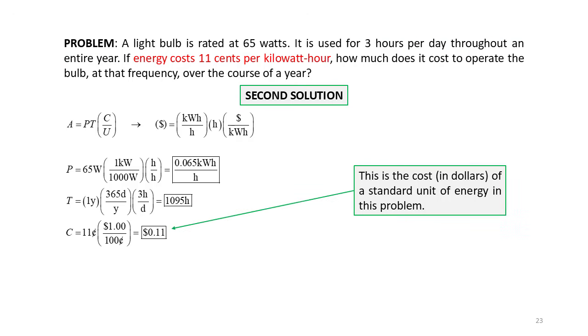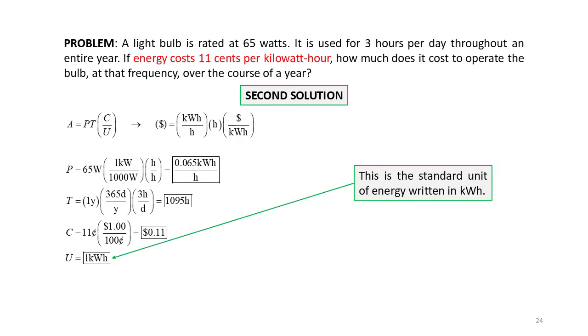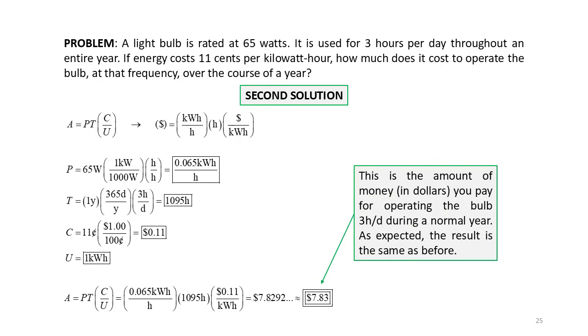This is the cost in dollars of a standard unit of energy in this problem. This is the standard unit of energy written in kilowatt hour. Finally, this is the amount of money in dollars you pay for operating the bulb 3 hours per day during a normal year. As expected, the result is the same as before.